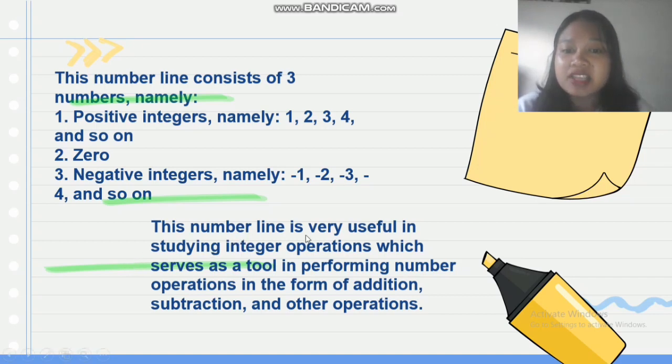This number line is very useful in studying integer operations, serving as a tool in performing number operations in the form of addition, subtraction, and other operations.